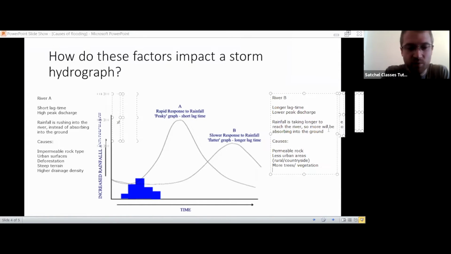Maybe the terrain will be gently sloping, so water isn't rushing down that steep terrain. Maybe there'll be a lower drainage density.